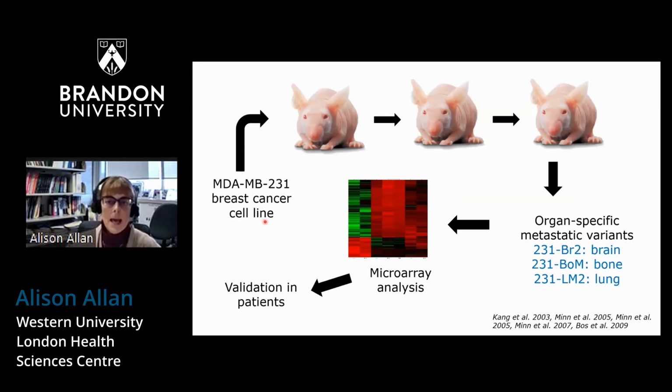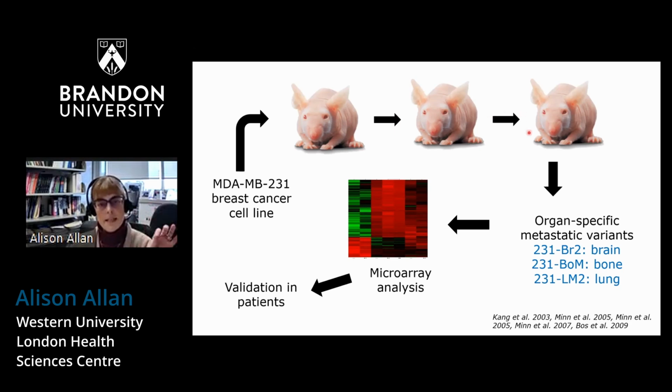And the way that Massagué's group did this work is they took this MDA-MB231 breast cancer cell line, and they injected the cells, and these are whole population cells, not sorted or anything, into nude mice, into the mammary fat pad, which is where you would inject it, similar to a breast in a human. They allowed these tumors to grow and then also to metastasize.